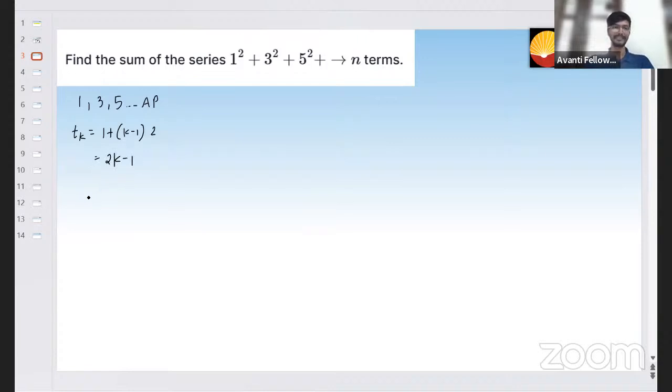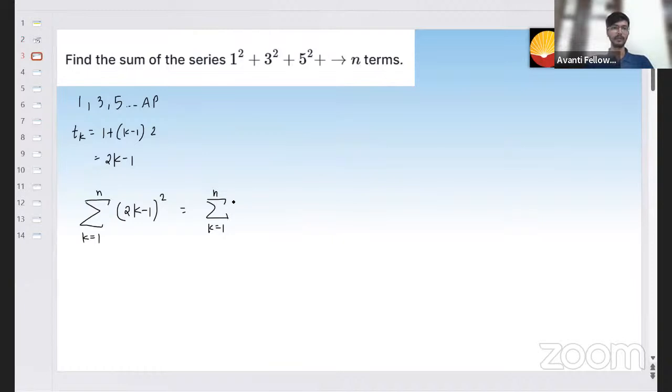Correct? So I can write the given series as summation of (2K minus 1) the whole square, right? Because it's a general term where K is from 1. If I put K equals 1, I'll get the first term, up to n terms. So this equals summation K equals 1 to n.